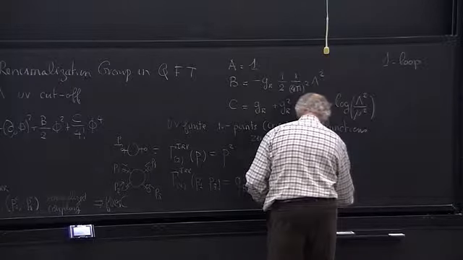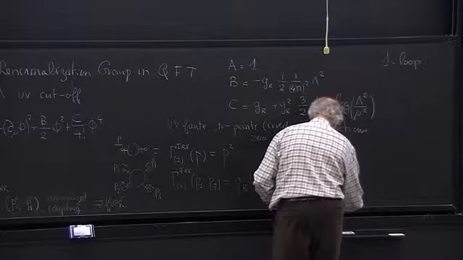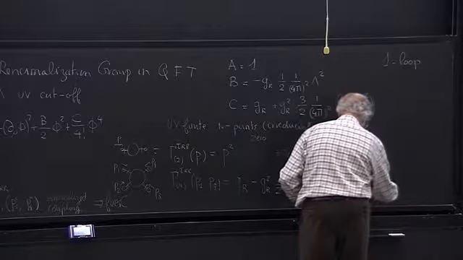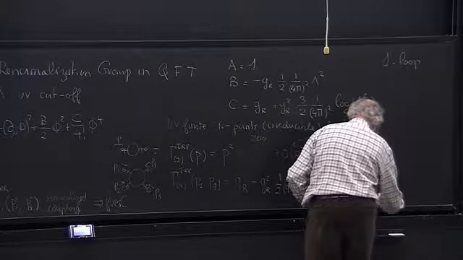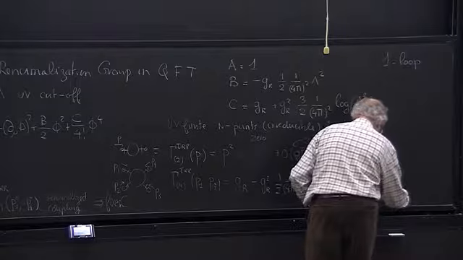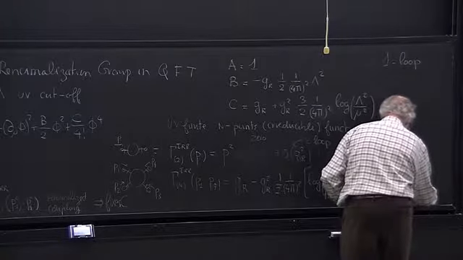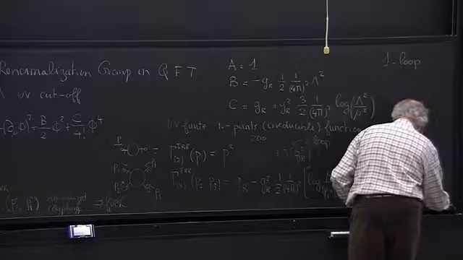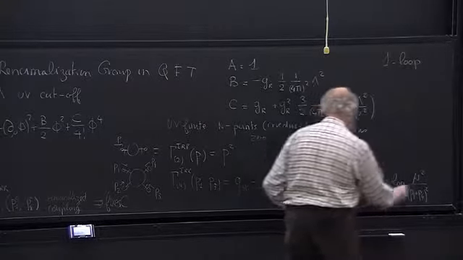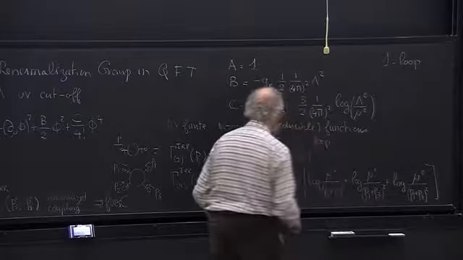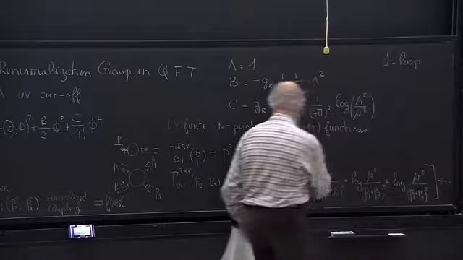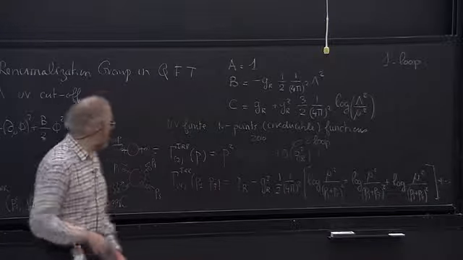And then we have log of mu squared divided by P1 plus P2 squared plus log of mu squared divided by P1 plus P3 squared plus log of mu squared divided by P1 plus P4 squared, which is P2 minus P3 squared. Okay? And then plus terms of order GR cube, which are the two-loop diagrams.